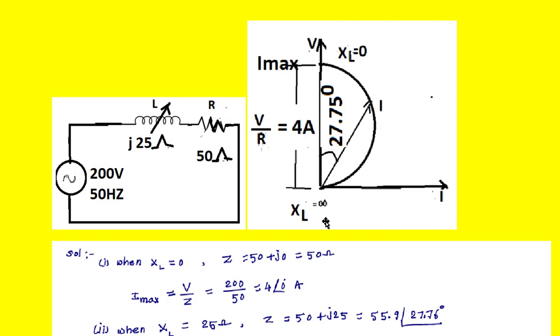When XL becomes infinity, the current becomes 0 here. So this is the minimum current and this is the maximum current. Our locus diagram comes up to here, but because we know the theory behind it, we get the semicircle like this, reaching 0 here.